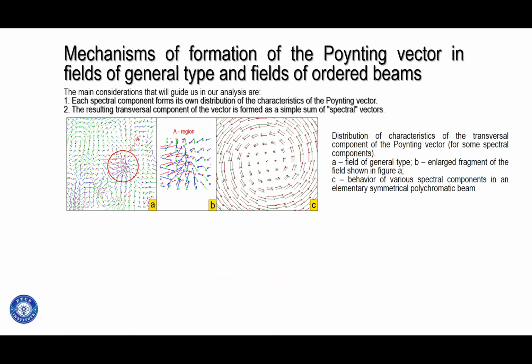In the analysis, we will base on such axiomatic assumptions. The first: each spectral component forms its own distributions of the characteristics of the Poynting vector. Note that such spectral distributions differ from each other at least by space scale.